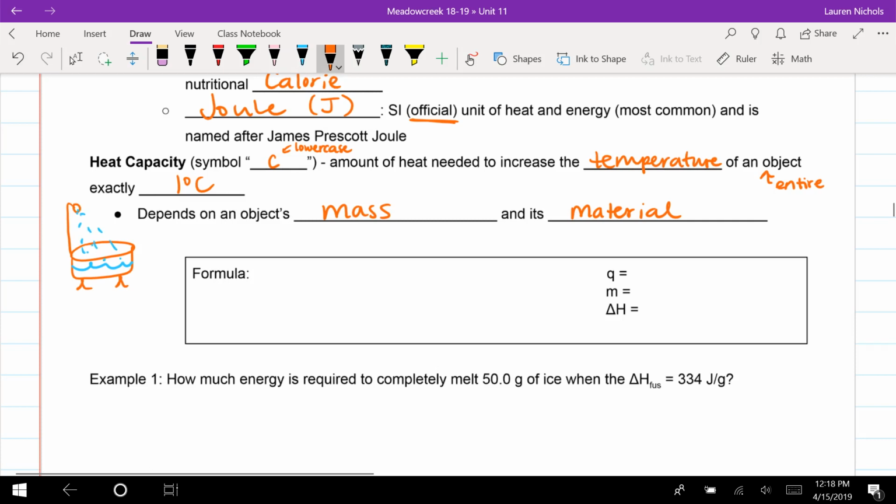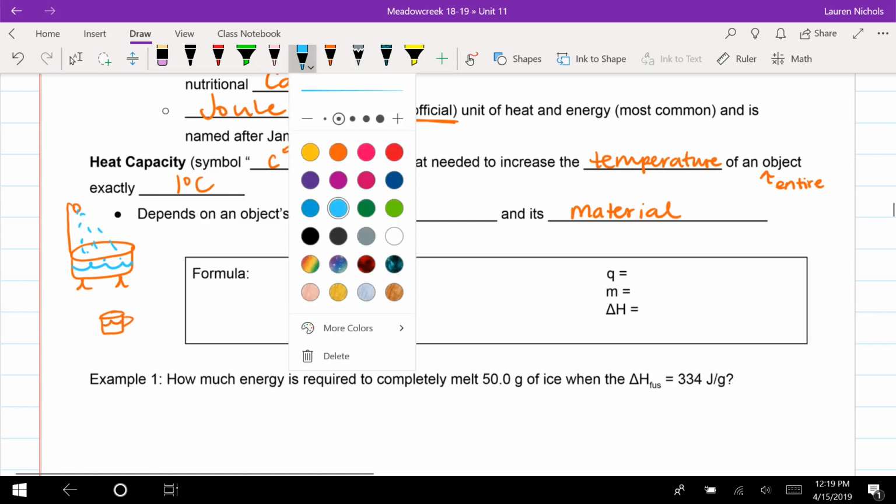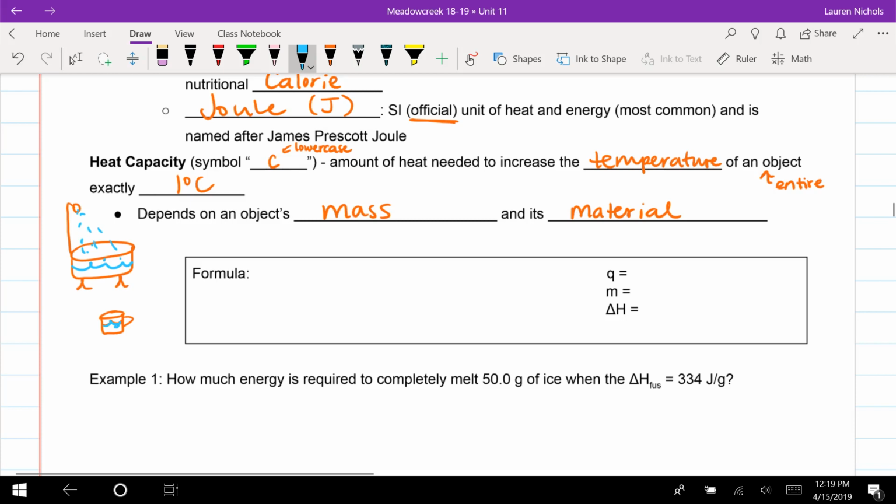So if you have a bathtub, but you also have a tea mug, and it's got some water in it, we know that the water in the teacup is a smaller amount, whereas the water in the bathtub is a much larger amount. So the bathtub is going to have a higher heat capacity. It can absorb the most amount of heat without changing its temperature.